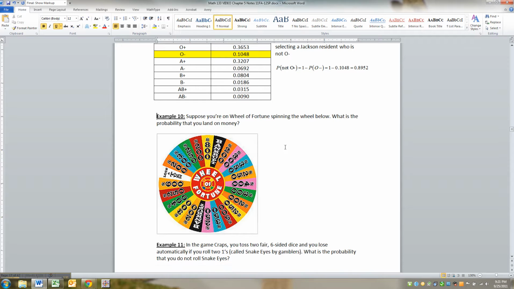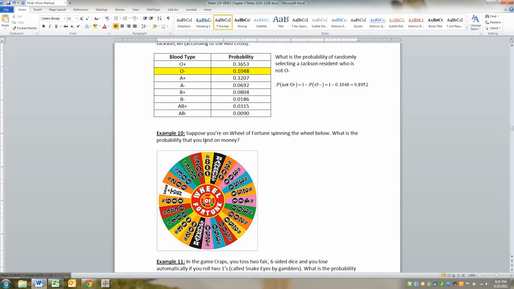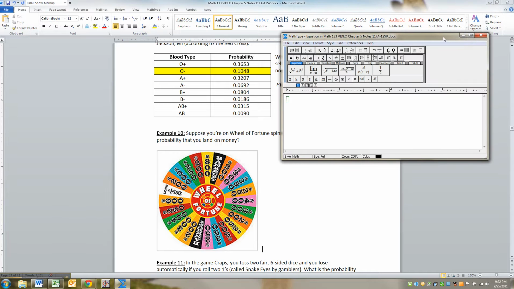All right, now what about Wheel of Fortune? What is the probability that you land on money? Right? Money, money, money. You could figure out all these different spaces and count them. But you can also remember, hey, we already found the probability of not landing on money, right?